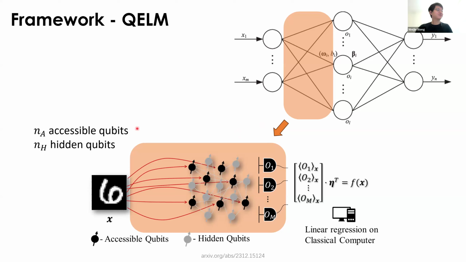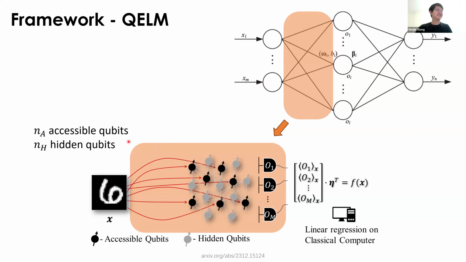consider a reservoir consisting of two types of qubits. One type is accessible qubits, on which we can encode data. Another type is hidden qubits, on which we will not encode data. This distinction is motivated by their different roles.